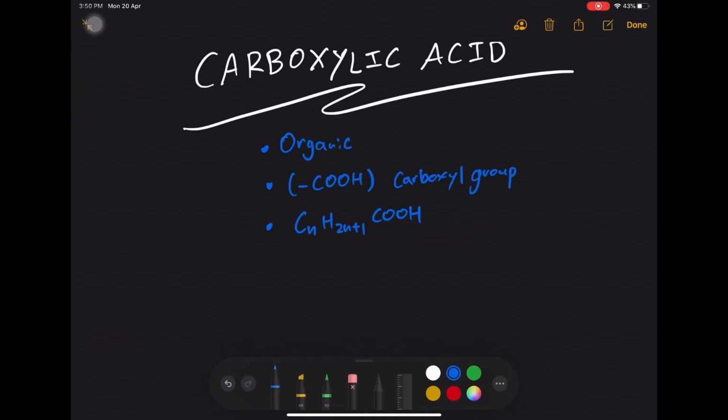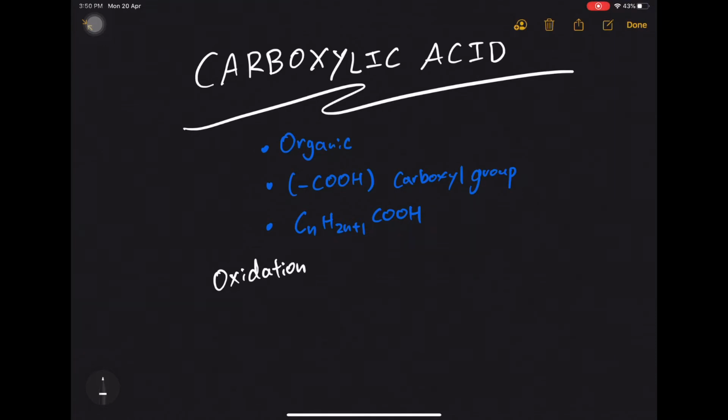So how do you produce carboxylic acid? All you need to know, there are two ways to produce it: oxidation. You can use oxidation of your alcohol, where you add oxygen to your alcohol. With the presence of certain bacteria, you can get your carboxylic acid.